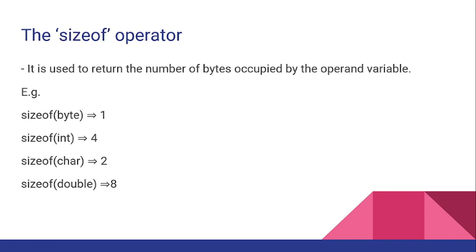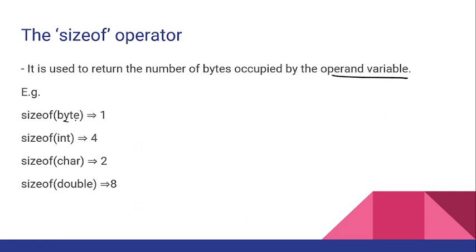There's one more called sizeof. Okay, with sizeof, there is a chance that your code needs to be kept in an unsafe block, if sizeof is being used in a different way. It is allowed to be used with a type. It is used to return the number of bytes occupied by the operand variable.